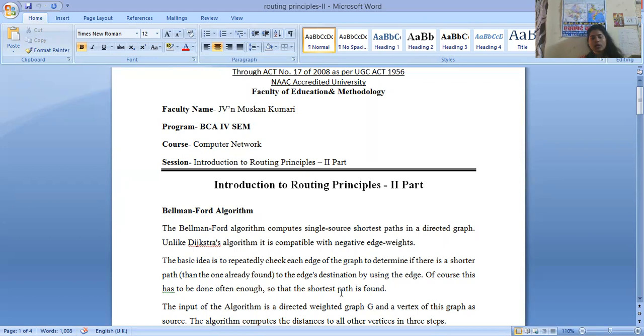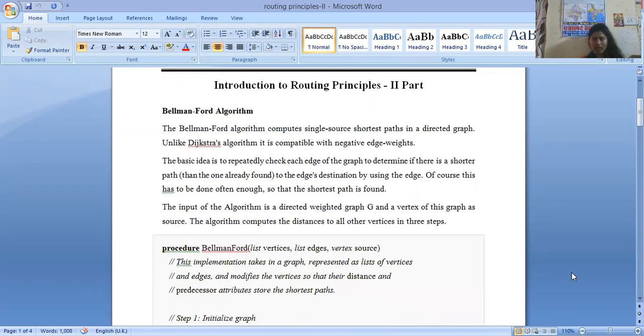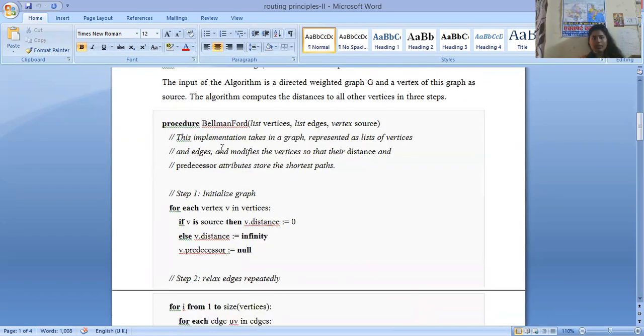Okay, so the input of the algorithm is a directed weighted graph G and a vertex of this graph as the source. The algorithm computes the distance to all the other vertices. Clear? So the first is the procedure Bellman-Ford. It takes the list of vertices, the list of edges, and the source vertex.